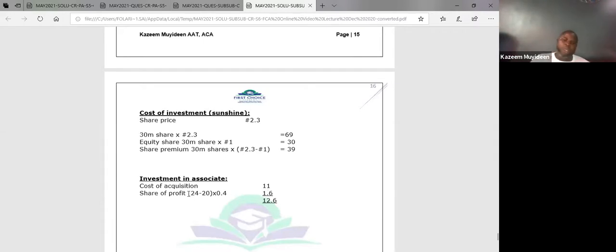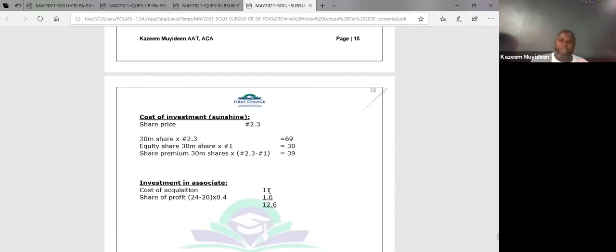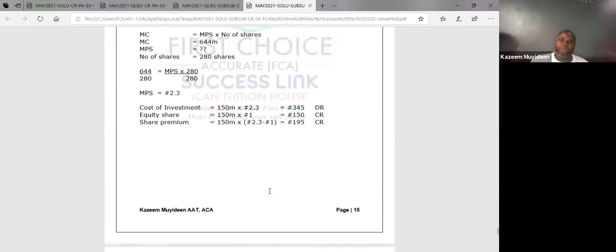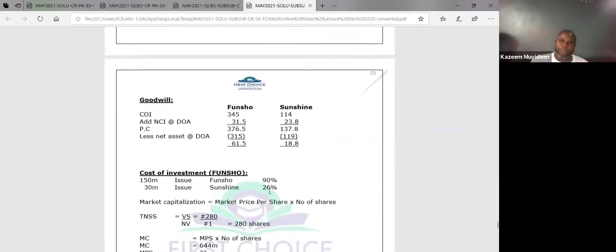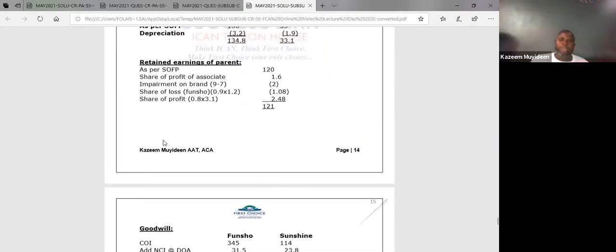The fair value is 20 and at the end is 24, times 40%, 1.6. I will credit the return and debit investment in associates. Share of profit of associates 1.6.